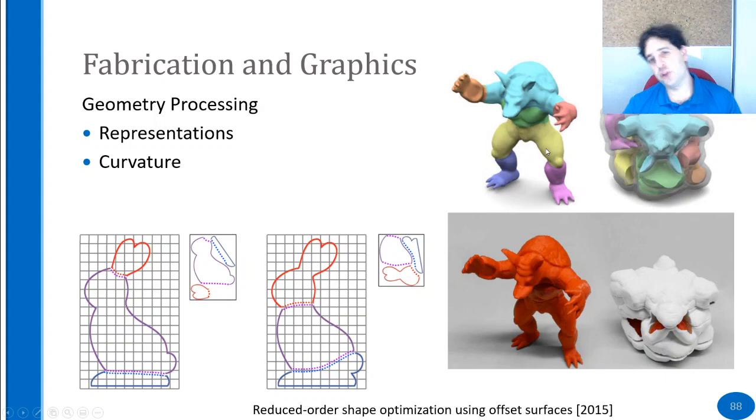Now, why would you want to pack something? Well, you have two options basically, or two applications that they talked about. One is, what if this animal, the armadillo, is larger than the print volume you can use? But if you break it down, then it can be printed together.